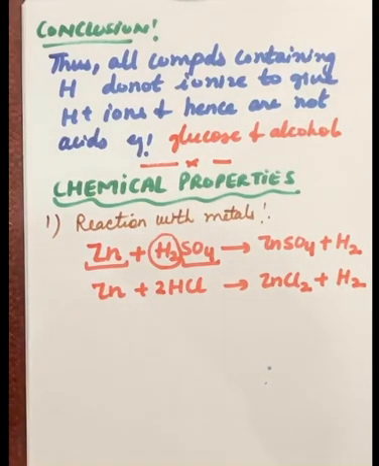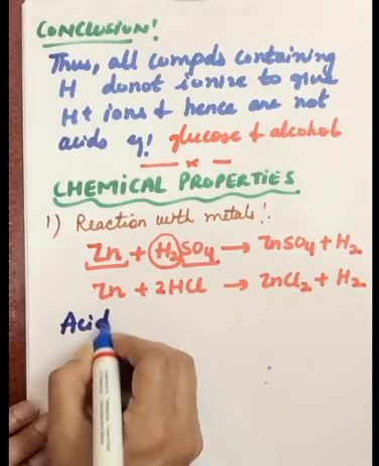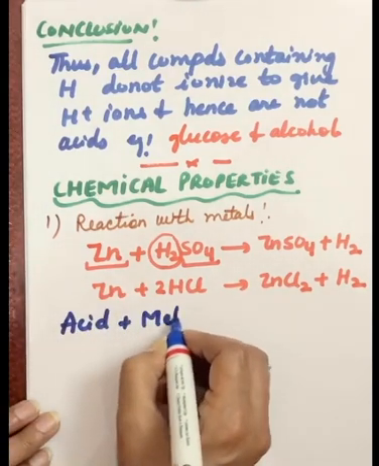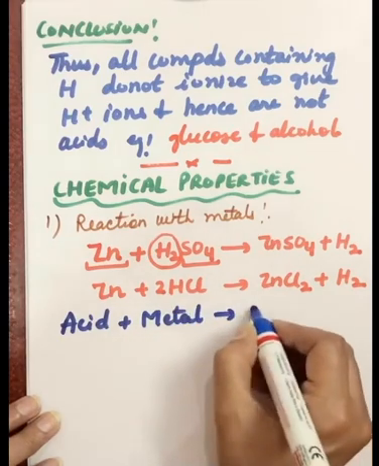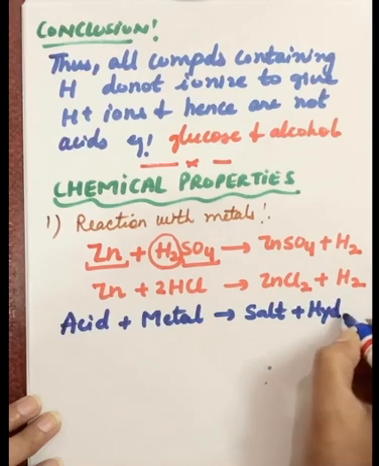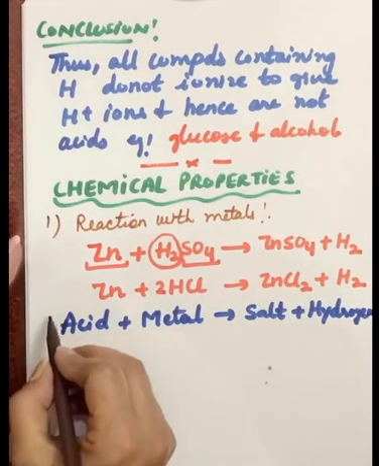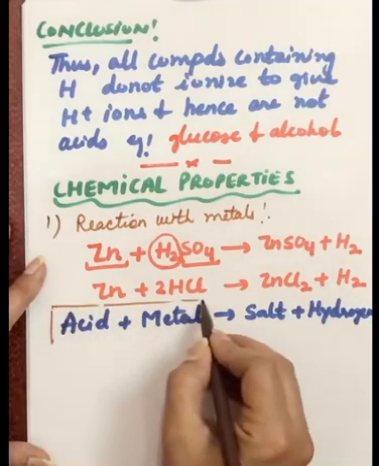That is the hydrogen gas. Can we write in a simple way that acid, when it reacts with metals, forms salt and evolves which gas? Hydrogen gas is there. So this happens whenever acid reacts with metals.